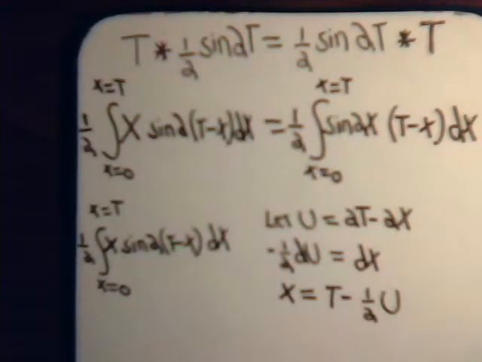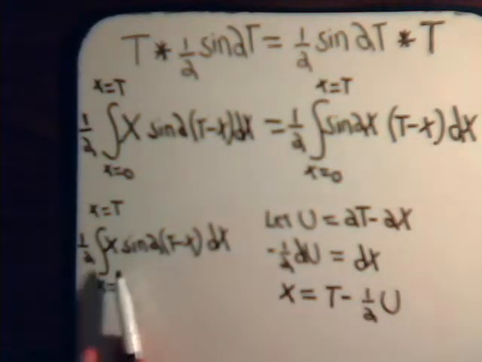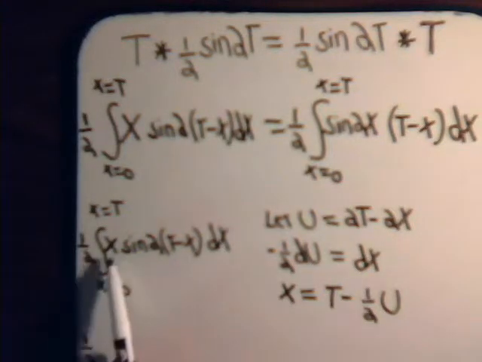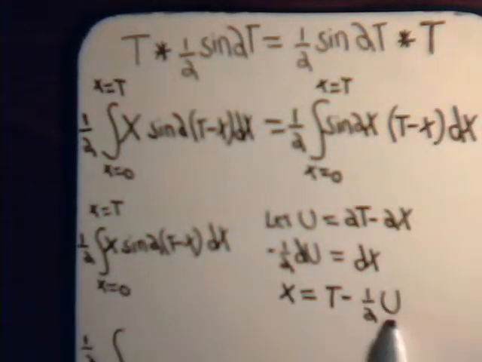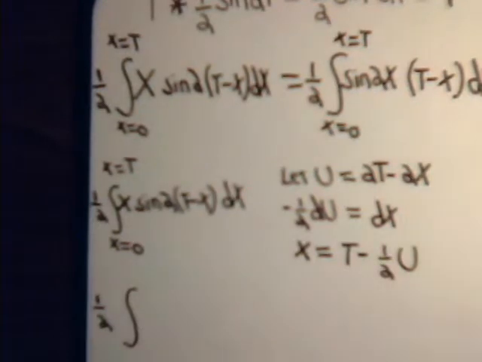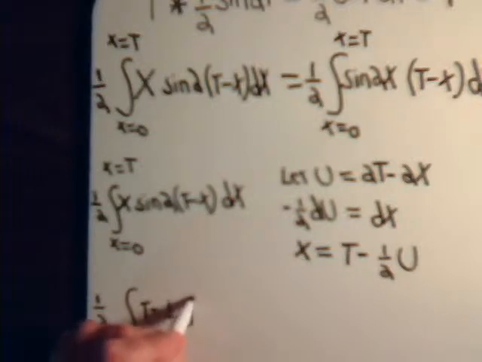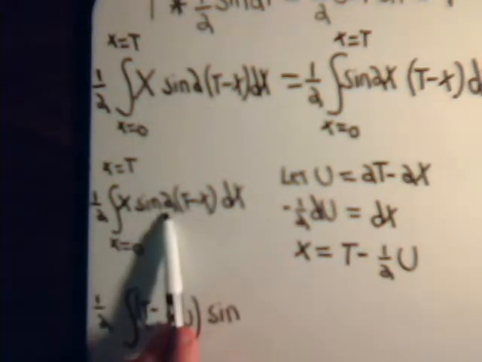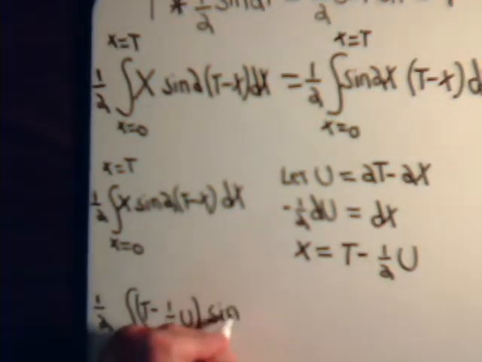So let's put our substitutions inside of the integral. We have 1/2, x is this, t minus 1/2 u, times the sine, and this is u.